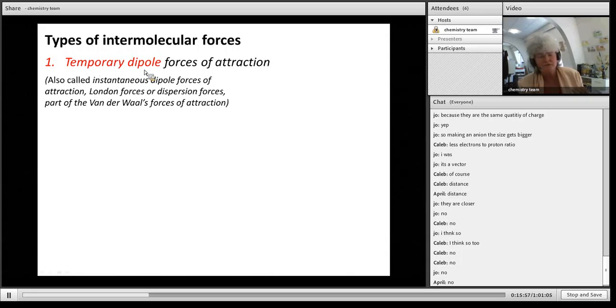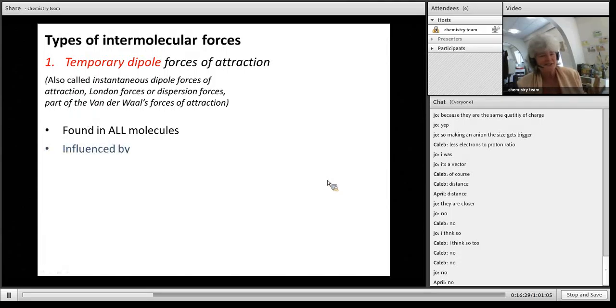These are very instantaneous attractions caused by electrons moving around the nucleus. For a very short period of time, one side of the molecule can be more electron rich, and then a split second later those electrons have moved on, so now it's on the electron poor side. It's found in all molecules that have electrons, and they do.